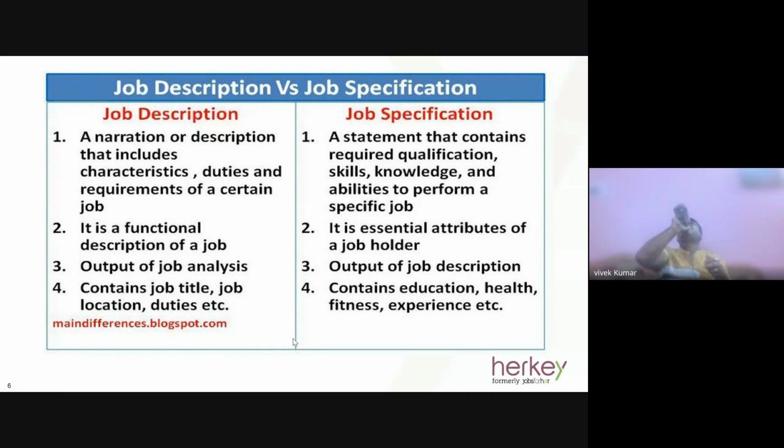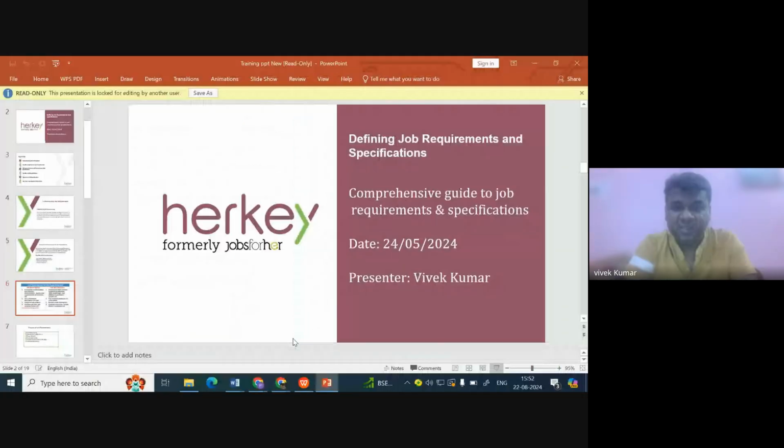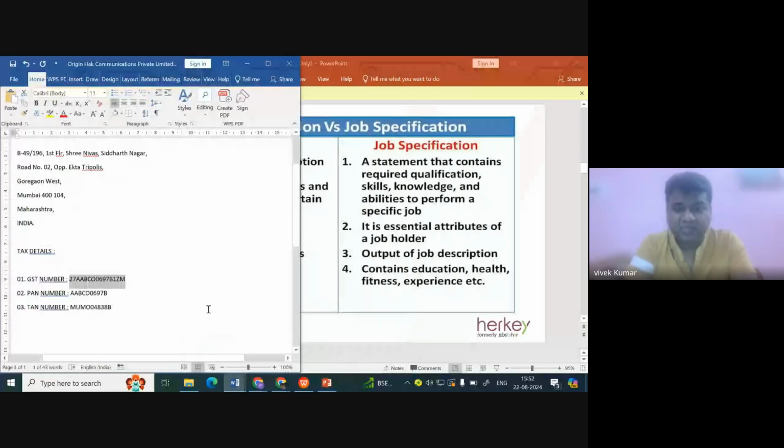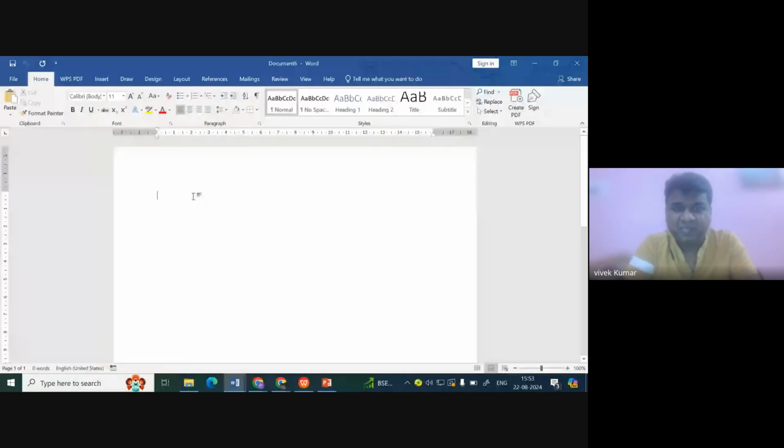So let's do a small exercise. I think this would be a little engaging too, right? I believe that you're able to see the Word document that I'm writing.